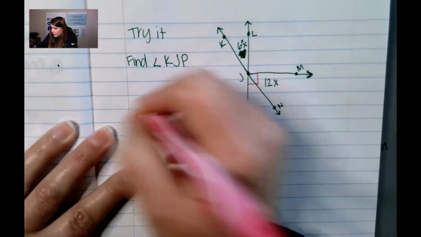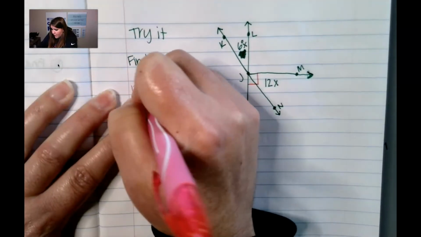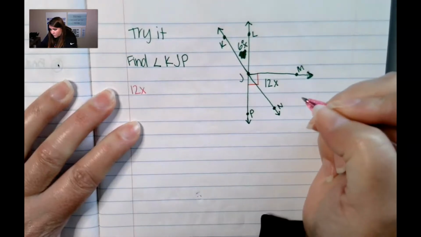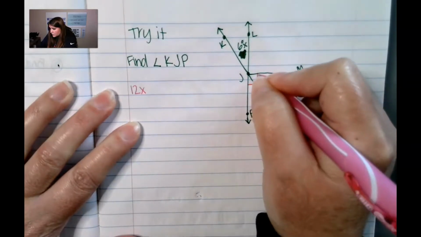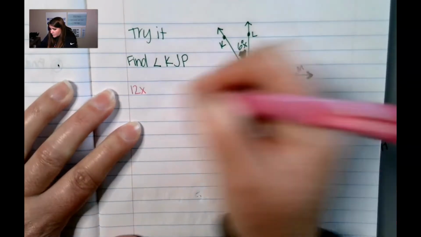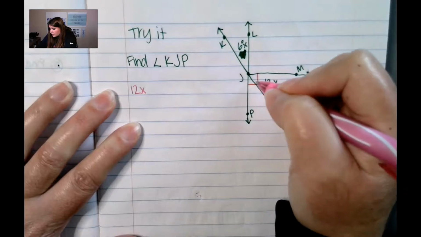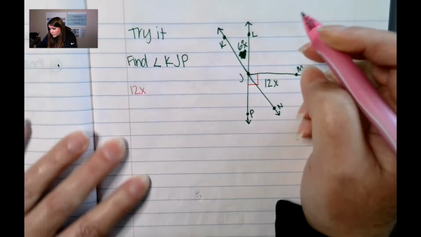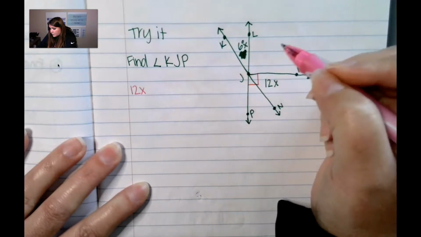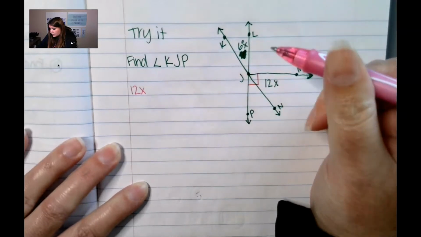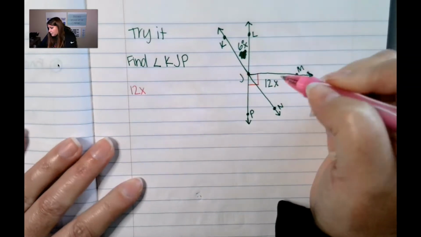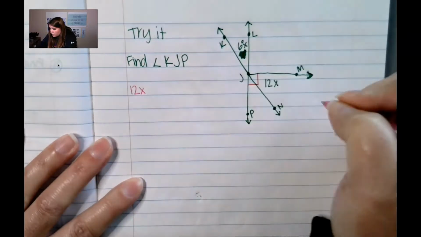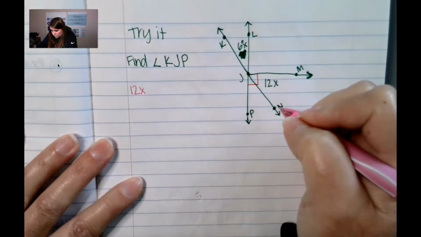So we know that 12x plus something over here that we don't know is going to give us 90 degrees. But if this is 90, this over here is also 90. And this is going to be 6x as well.